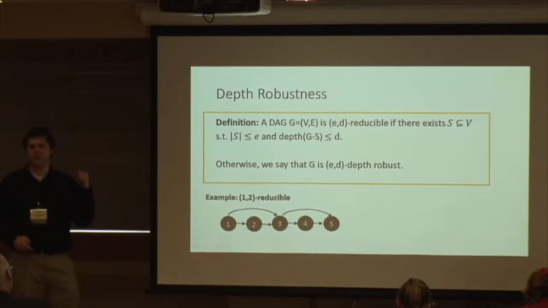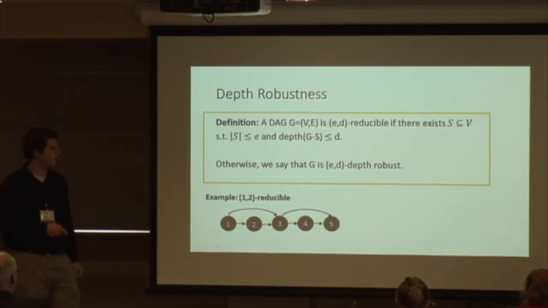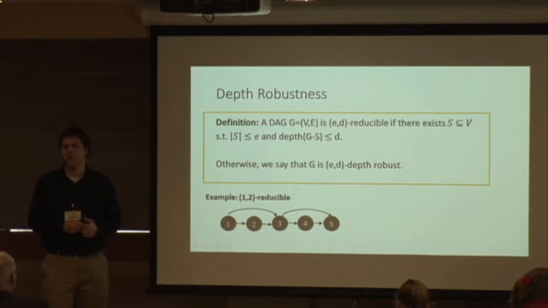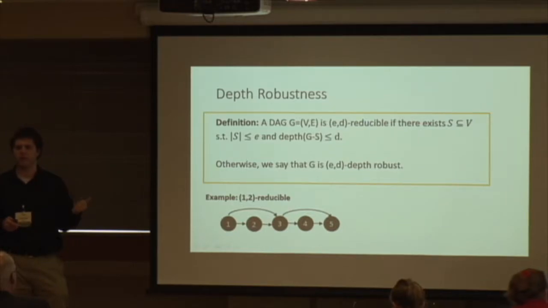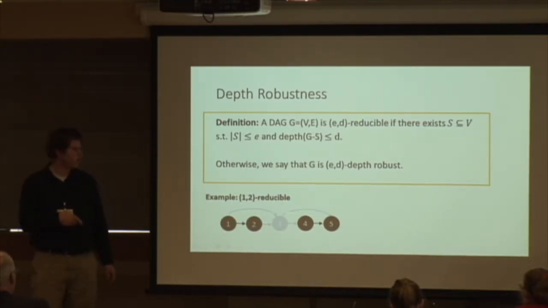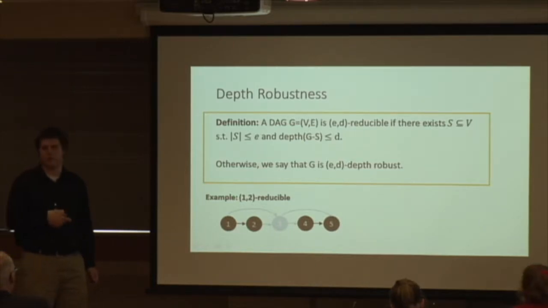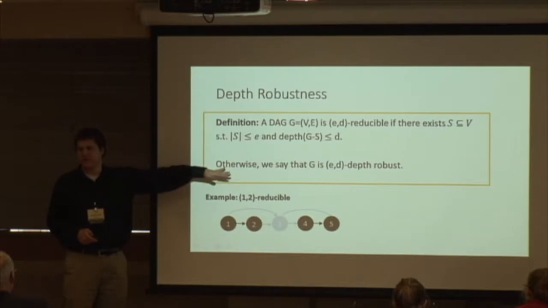That means that we can delete 1 vertex from the graph, and after deleting this 1 vertex, the longest remaining path will have length 2. There's a proof by inspection: delete the node 3, and clearly any remaining path in this graph has length 2. So this graph is 1-2 reducible. Of course, if a graph is not reducible, we say that it's depth robust.